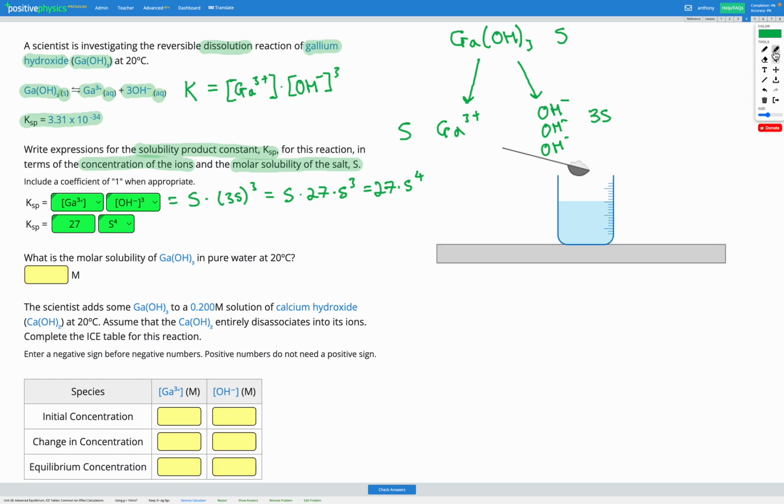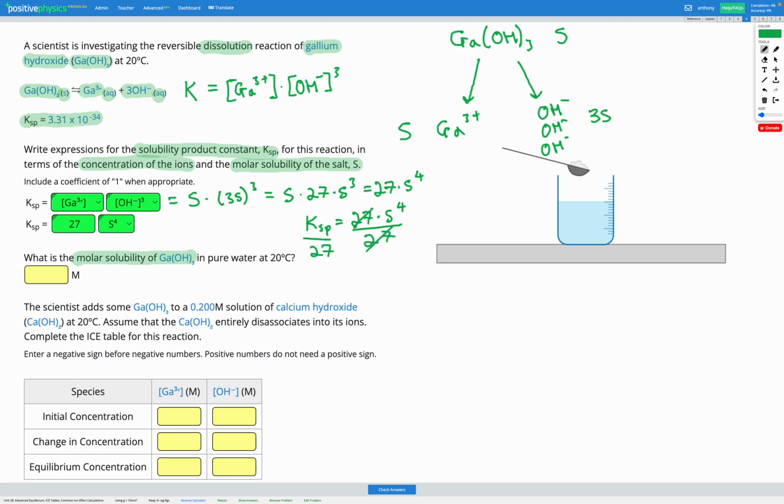Okay, so we have an expression for KSP in terms of the molar solubility of the salt S. We're next asked to calculate the molar solubility of gallium hydroxide. Now, we were given KSP in the question, so we can use that in our equation here to figure out what S is. So let's go ahead and write that equation again. We've got KSP is equal to 27 times S to the power of 4. We need to find S, so we're going to divide by 27 on both sides.